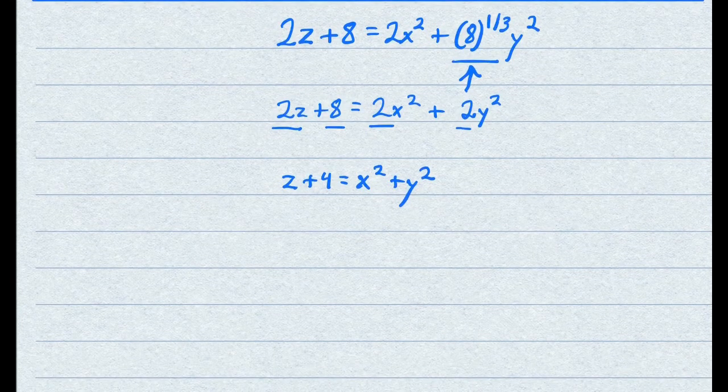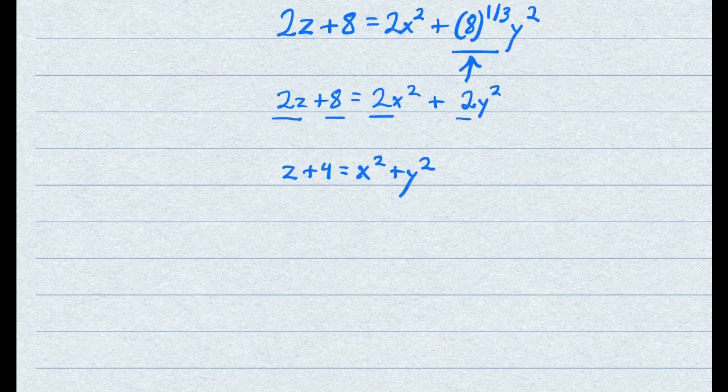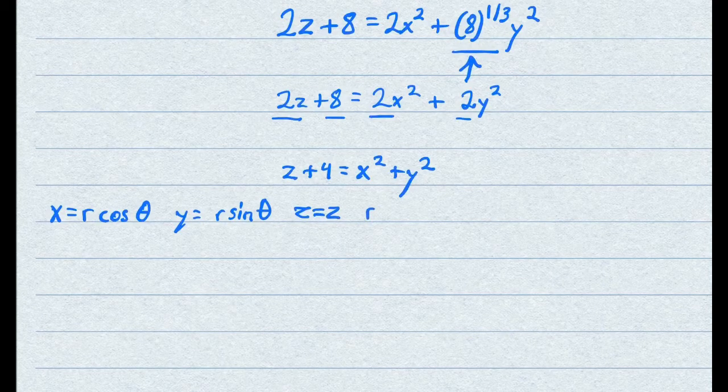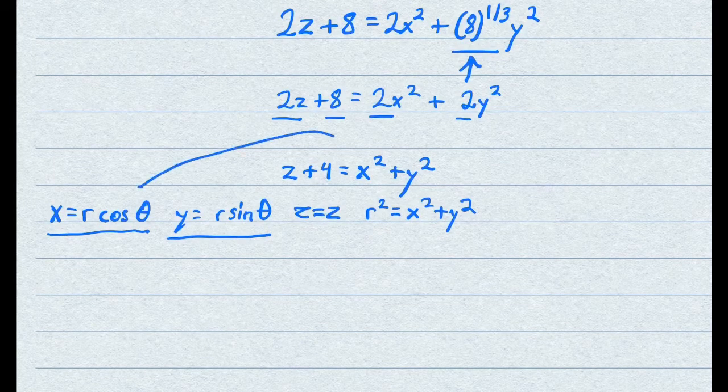Now here, there's nothing further we can simplify, so let's get the equations. And this time I'm going to introduce a fourth one. Now the fact is, you could go through a long process of using these two equations and substituting them here.